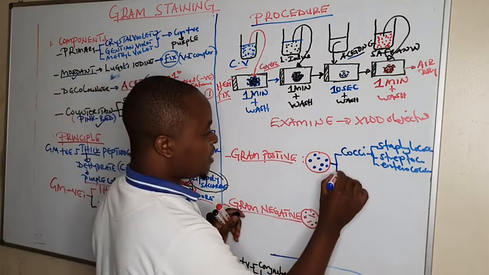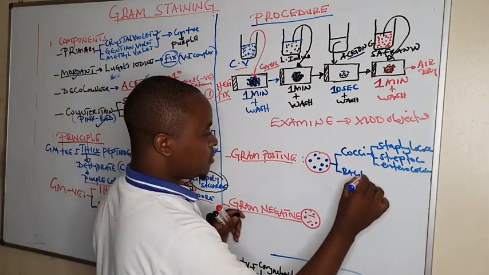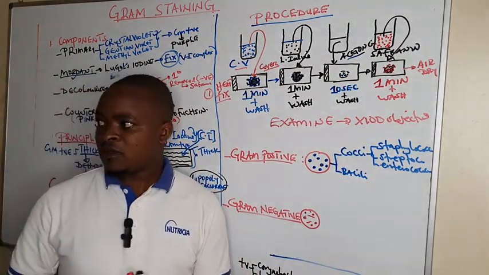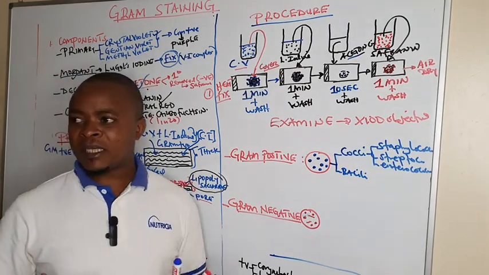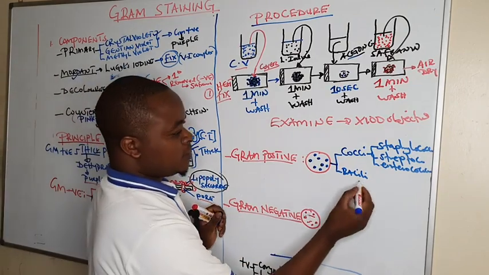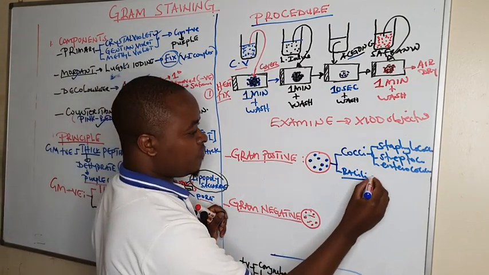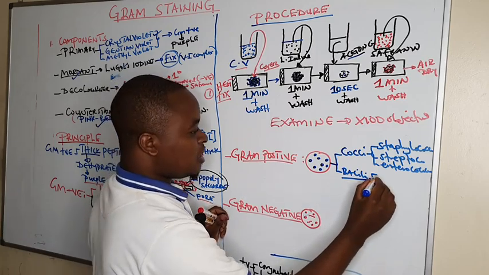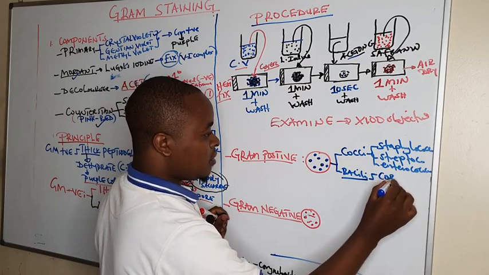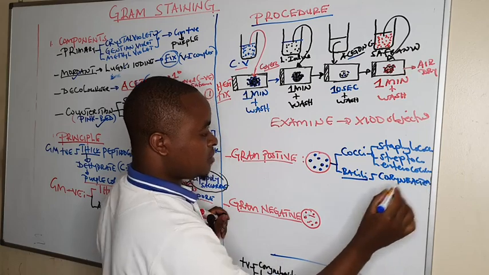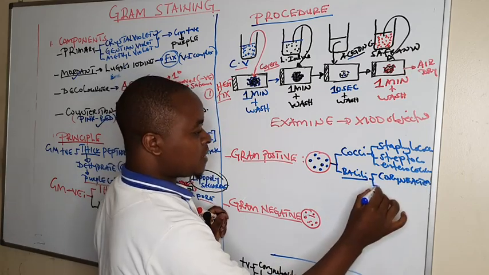Then we also have the bacilli. The bacilli examples include the Corynebacteria species. We have the lactobacilli.